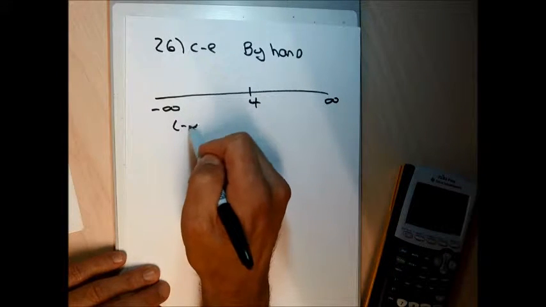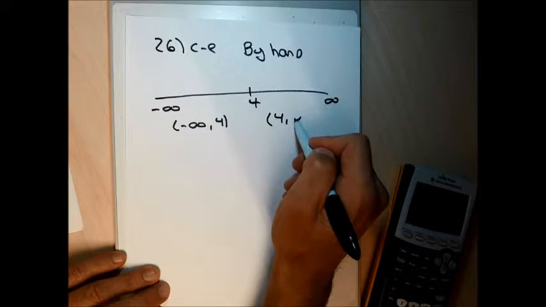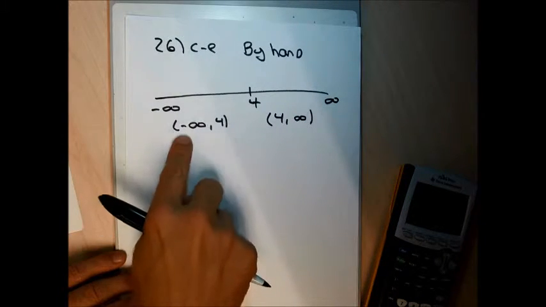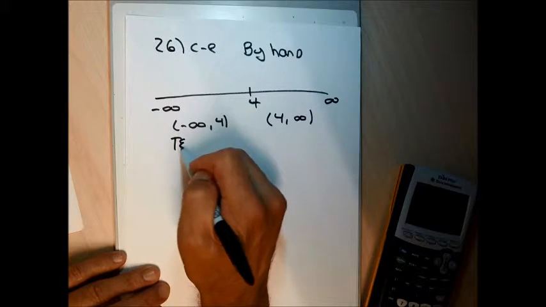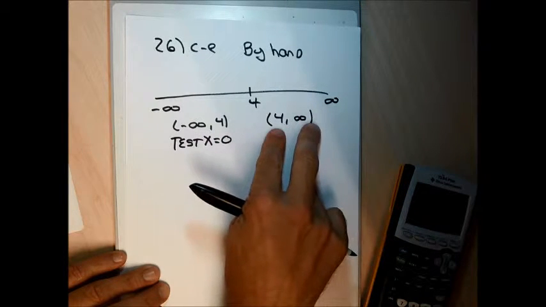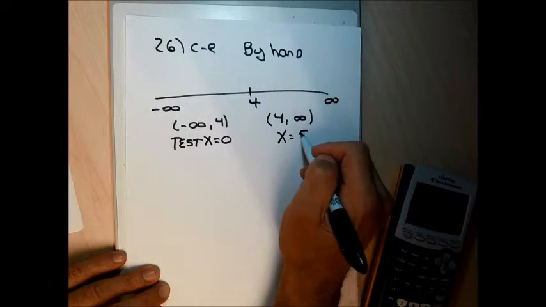That's going to create intervals, the interval from negative infinity to 4 and 4 to infinity. In each interval, I need to pick a test number. Because in this interval I go from a negative number to a positive number, I'm going to test x equal to 0. And in this interval, I'm going to pick the smallest number I can that's easy to work with. I'm going to pick x equal to 5.